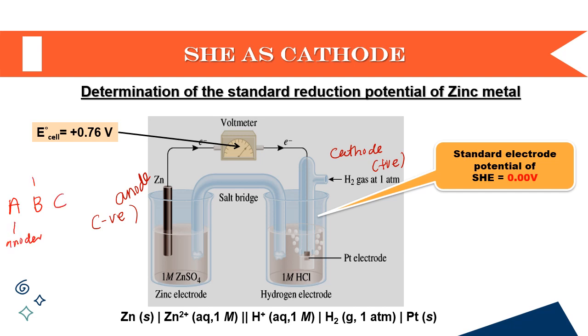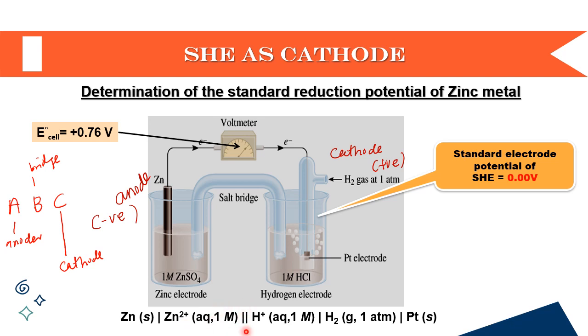In the middle we have our bridge, which is the salt bridge, and on the right hand side here is our cathode, C. Okay, so zinc. We have the line over here to show that it is a different phase. Zinc 2 plus aqueous 1 molar. You must write it down in full like this.